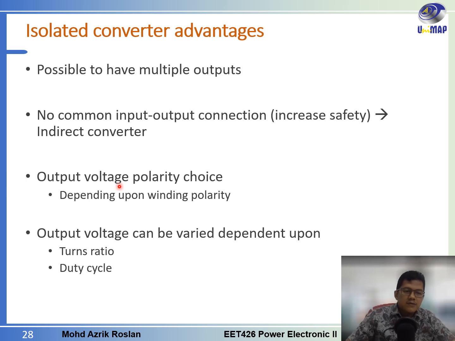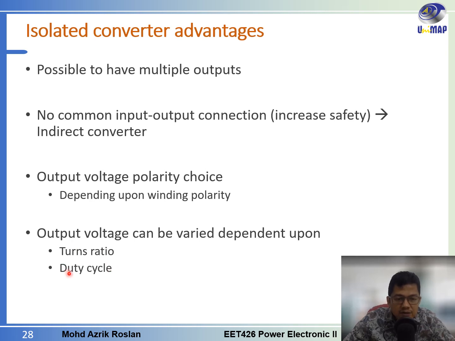And finally, when we have the transformer installed in the circuit, we can have another variable to control the output voltage. For non-isolated converters like the buck converter and boost converter, we can only change the output voltage by varying the duty cycle.